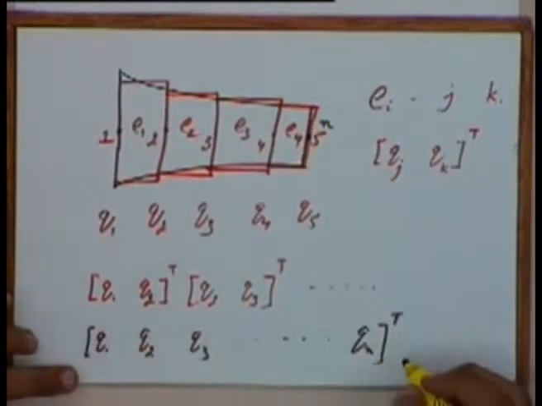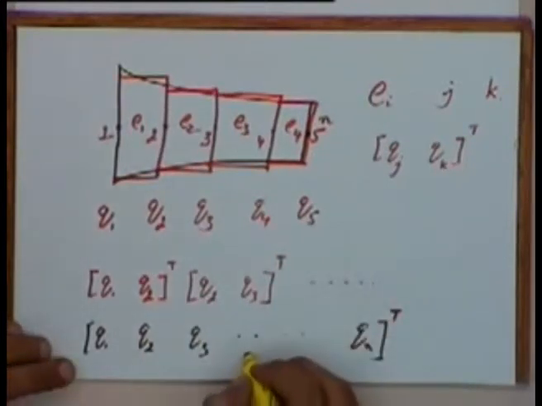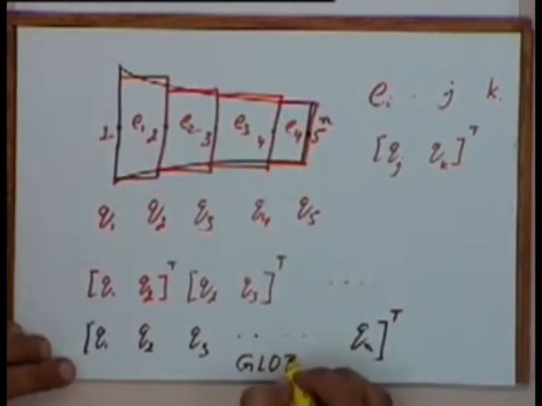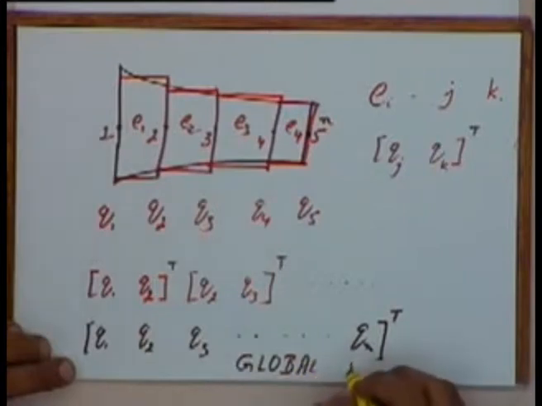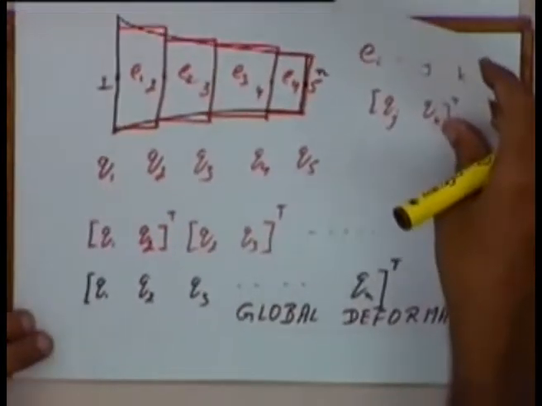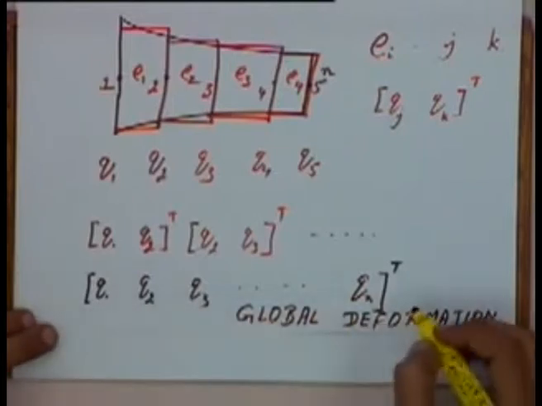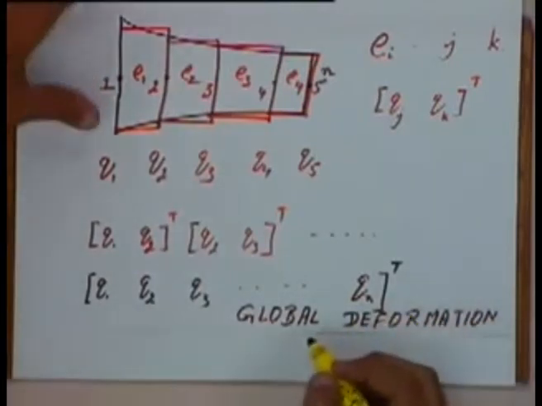So we will have one vector or one matrix which we will call as the global deformation matrix, okay. So this matrix we will call it the global deformation matrix.